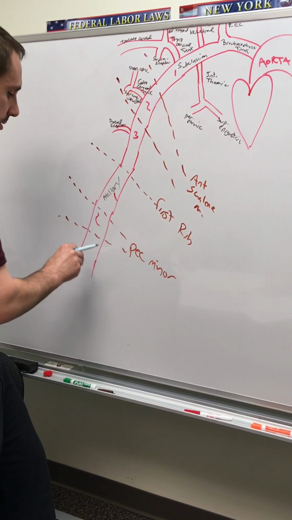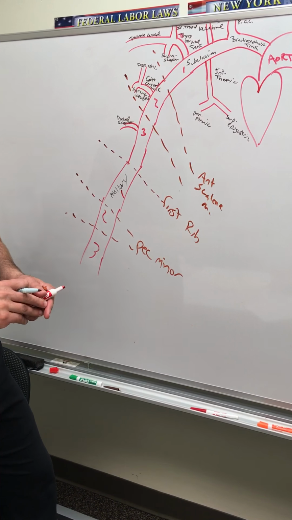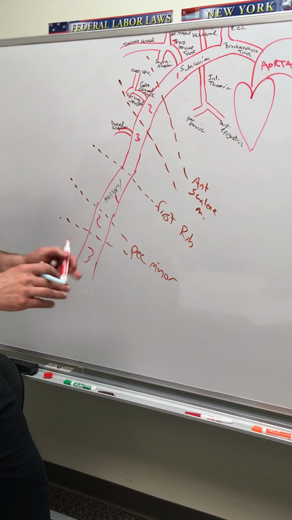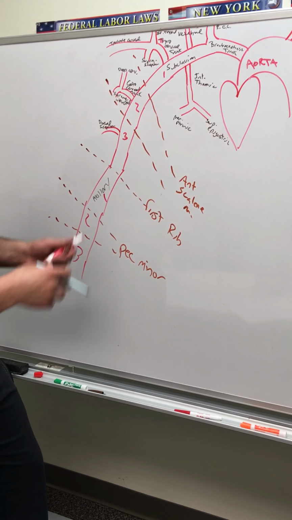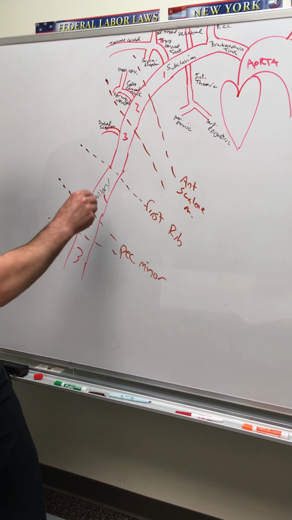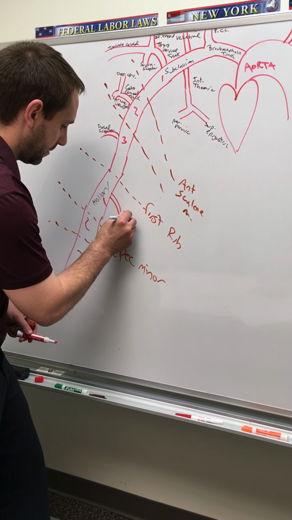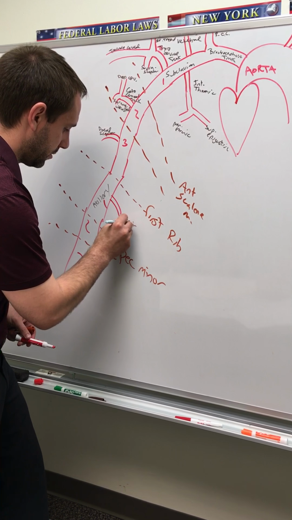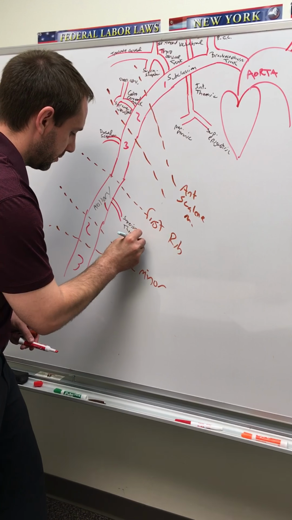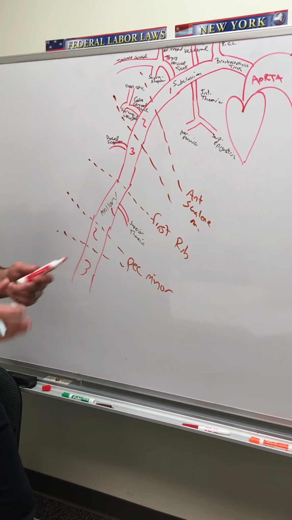Part 2, deep to the pec minor, and then part 3, distal to the pec minor. The first branch off of the axillary artery, which is the only one off of the first part, is called the superior thoracic, which supplies blood to the first two intercostal spaces, similar to the supreme intercostal.